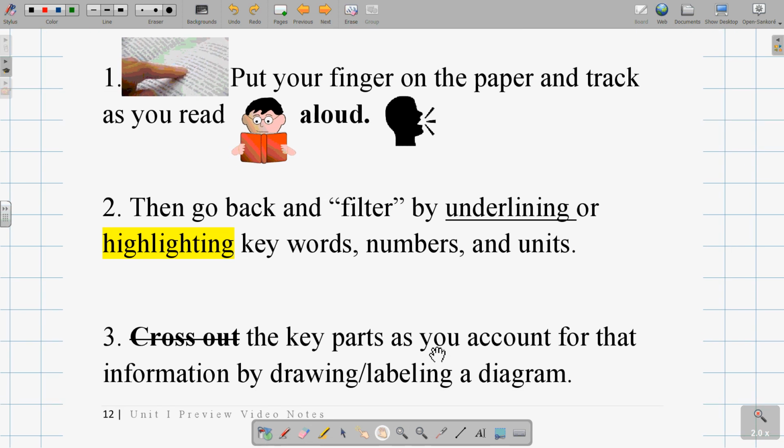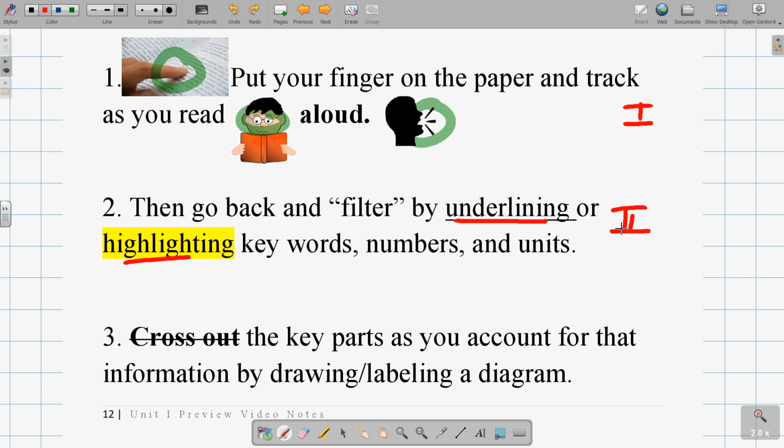The 3 body parts. First, you put your finger on the paper. You track as you read. You're obviously reading with your eyeballs, and then I want your lips moving. That's reading with 3 body parts 3 times. So that's pass number 1. Pass number 2, you go back and filter by either underlining or highlighting keywords.